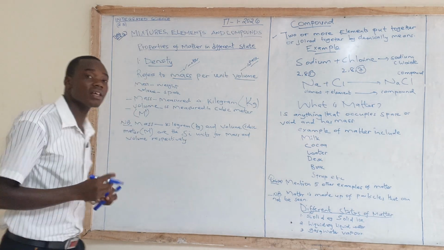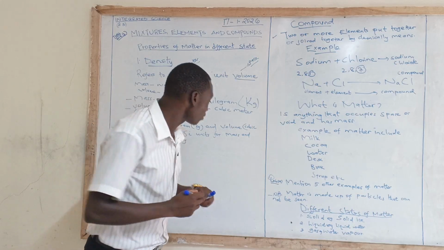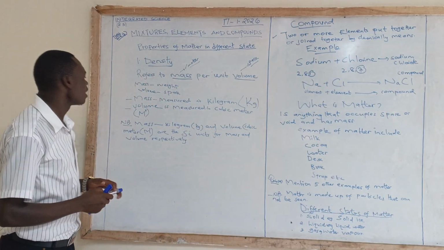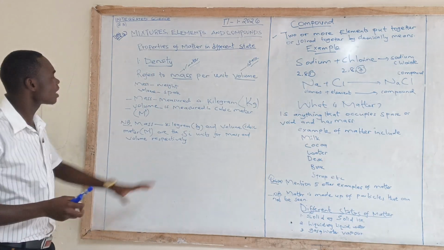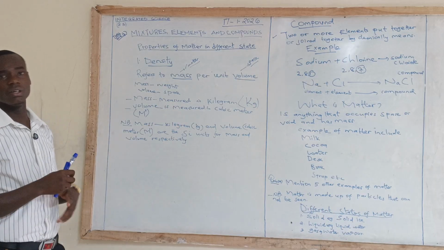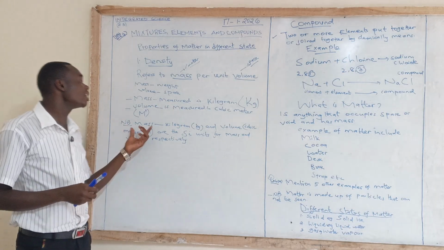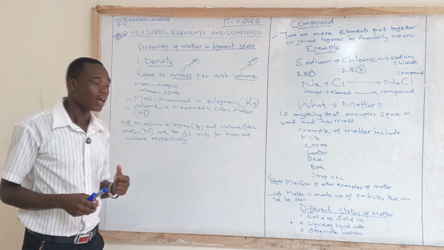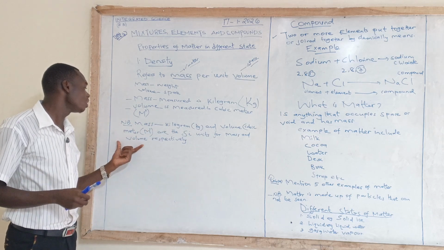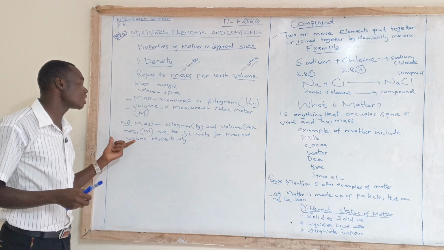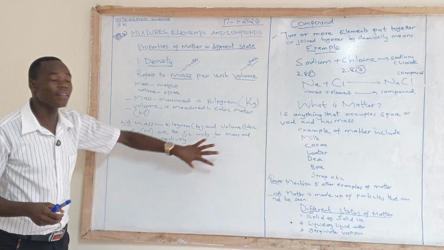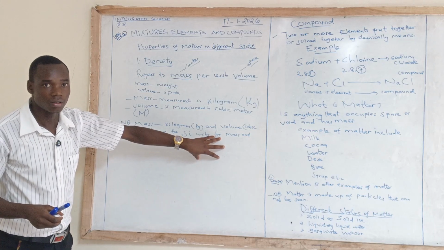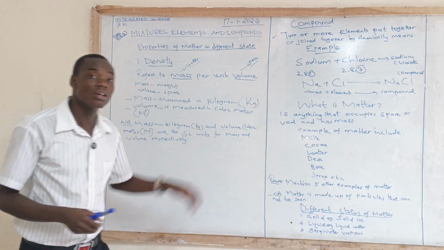Yes, these are the SI units, the international system. Some group of scientists came up with the SI units, and they mentioned the SI unit of mass as kilogram. They also measured the SI unit of volume as cubic meter. Now these are the SI units.